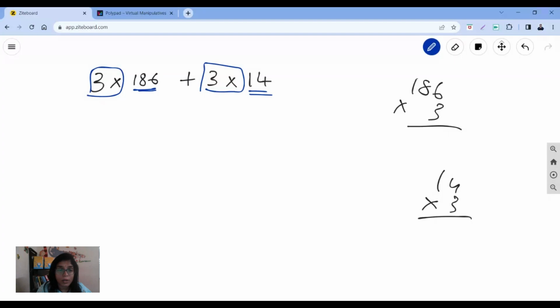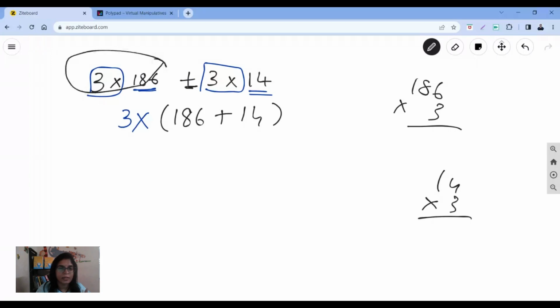We know that whatever was distributed to both the numbers, we can keep it outside, right? And we know that the remaining things, it was like added, correct? Because just think the 186 and 14 were there, and it suddenly became 3 times 186 because three times was distributed to it, right?